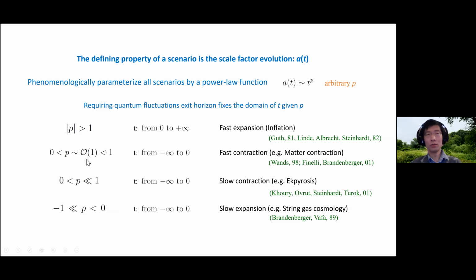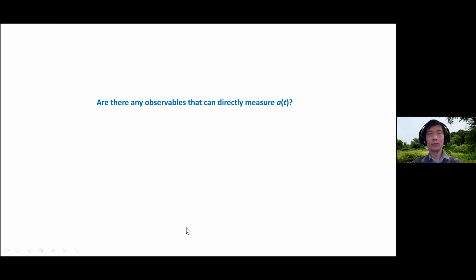For contraction scenarios, we need a bounce to connect to the Big Bang model. If p is close to 0 but positive, that gives rise to Ekpyrosis-like slow contraction scenarios. And similarly, if it's negative but close to 0, it describes slow expansion scenarios. All those three cases correspond to t running from minus infinity to 0.